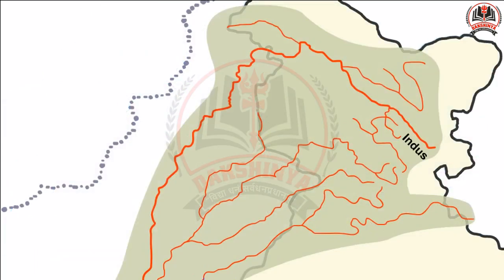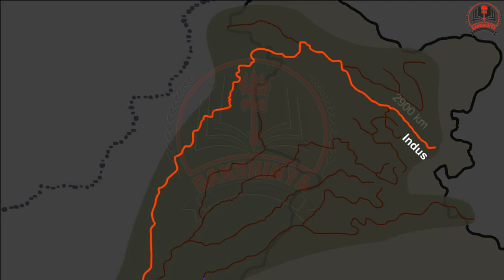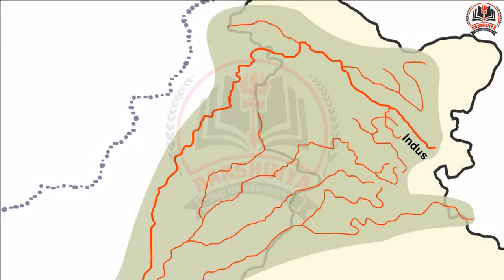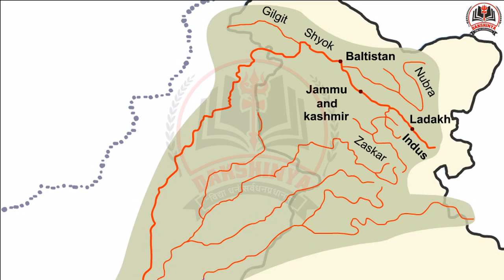The Indus River System. Indus, also called the Sindhu, is 2,900 kilometers long. It enters India from Ladakh in Jammu and Kashmir. Joined by major tributaries Shyok, Zaskar, Hunza, and Nubra, it flows into Baltistan and Gilgit and emerges from the mountains near Attock.